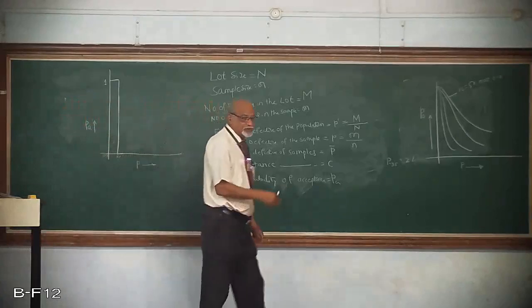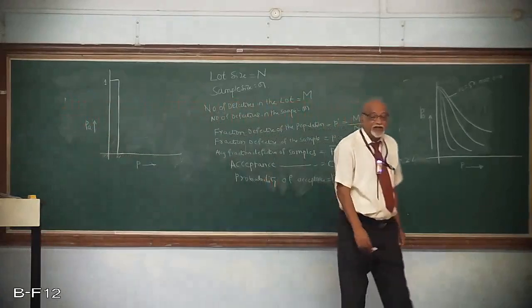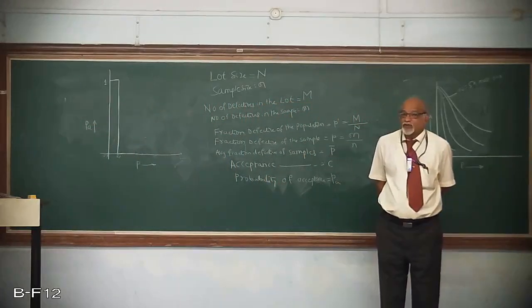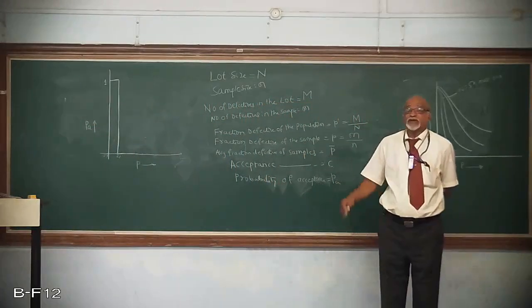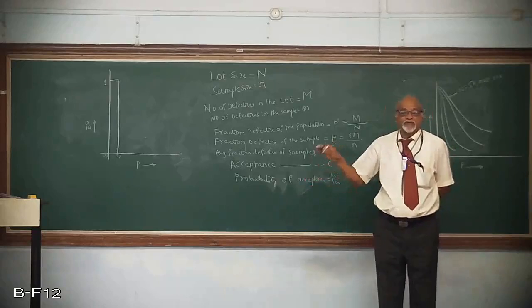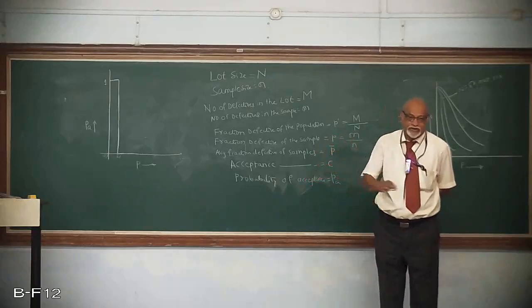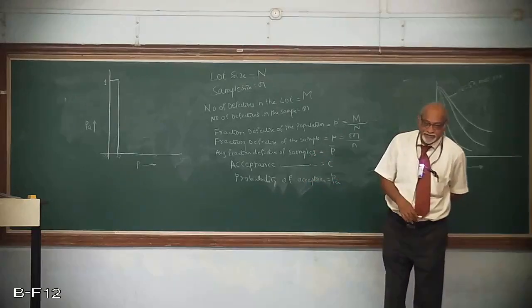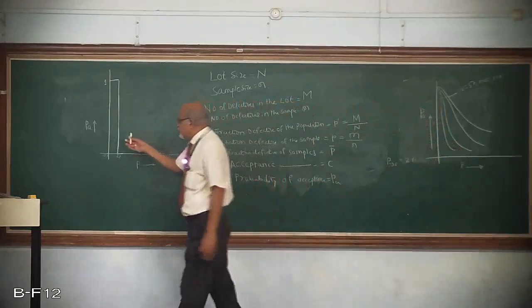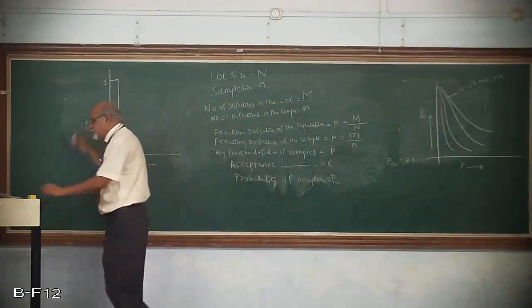But we are not going for 100% inspection. Then why can we not go for 100% inspection? In the previous class we have discussed it. That is why we go for the sampling procedure. So there is no point in repeating it. Okay, then I cannot adopt it. Now I have to go for sampling.